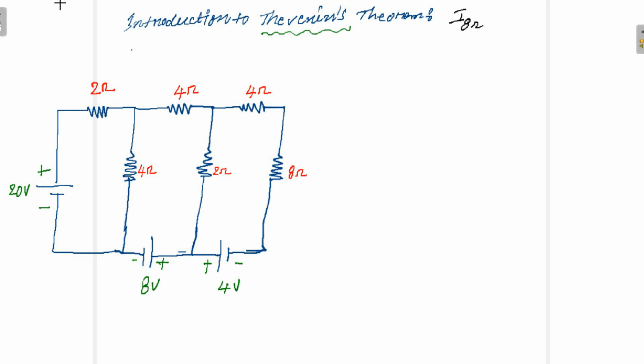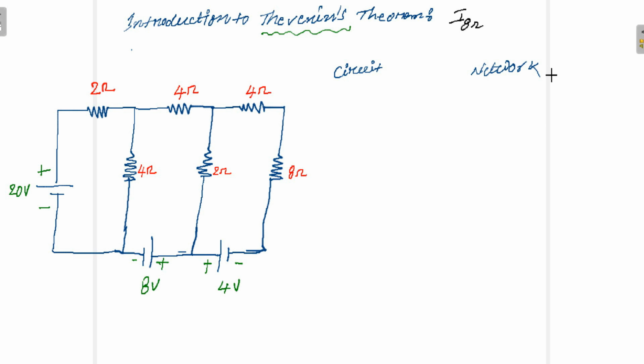Before that, let us have a simple concept of the difference between a circuit and a network. Generally we consider circuit equal to network.